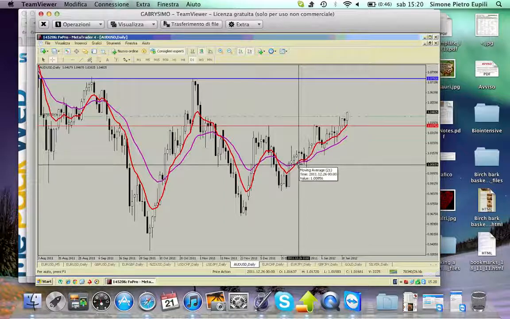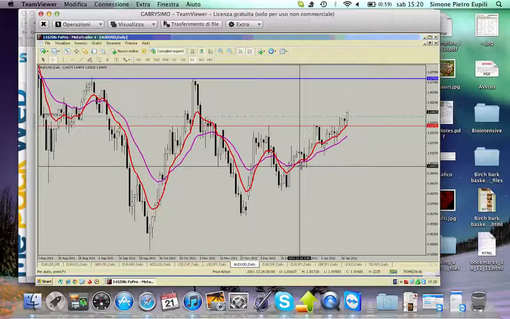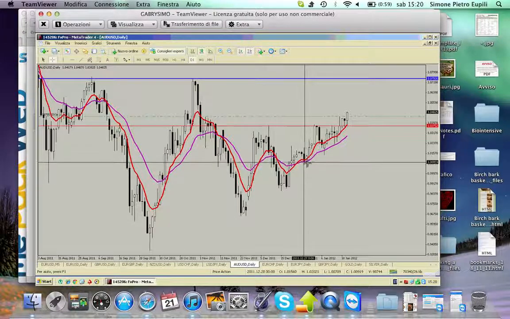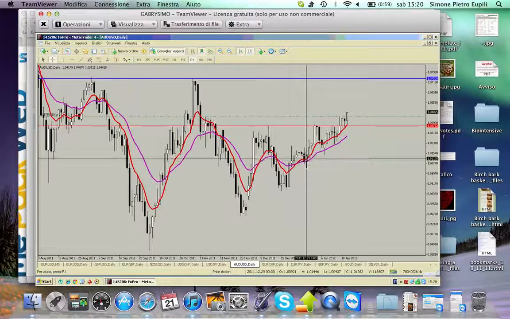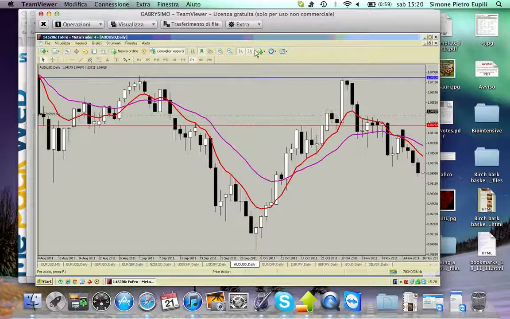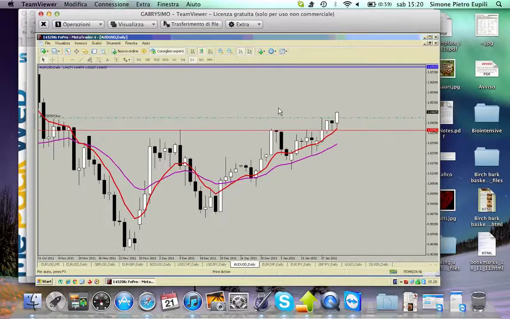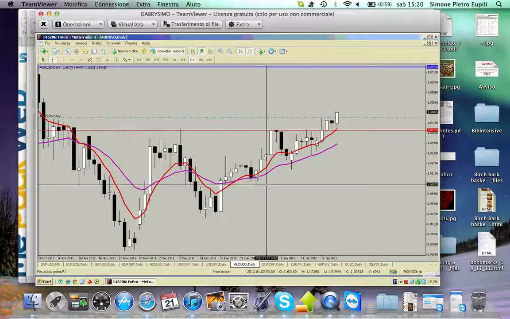We see that around this day the moving averages crossed on the upside. The price then bounced on them and formed this kind of bar, this is a pin bar.